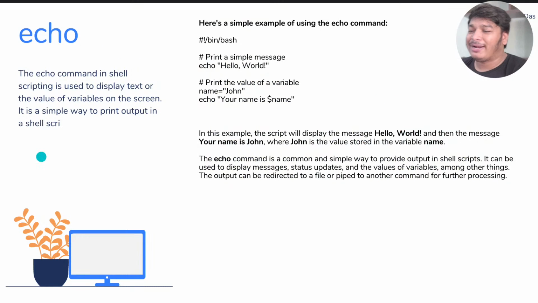Okay, echo command, I want to touch a little bit on the basics. I already explained. The echo command in shell scripting is used to display text or the value of a variable on the screen. It is a simple way to print output in the shell script. Now some few examples. See that hash, then bang sign, then slash bin bash. That's the shebang part.